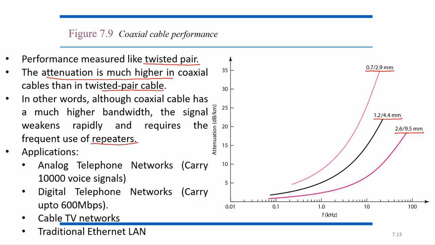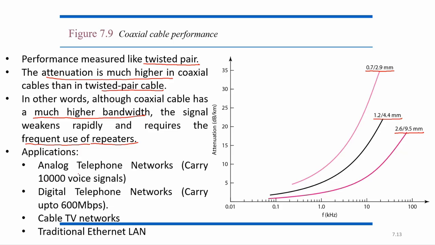If, because of noise, the signal strength has weakened, we need to use repeaters so that they can increase the strength of the signal. It provides higher bandwidth, but it has very high attenuation, and attenuation should be low. That's why there is a requirement of repeaters in coaxial cable.